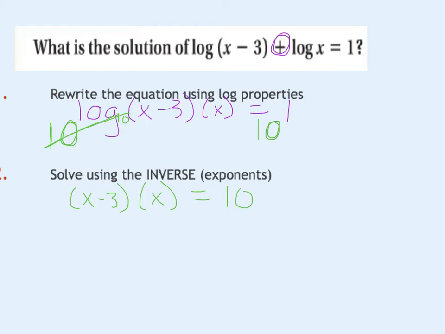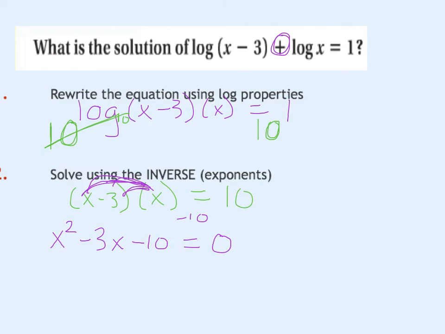And then this is your basic algebra problem. So with the two x's, I want to get this set equal to 0, so I'm going to subtract 10. At the same time, I'm going to distribute this x in. So this is going to become x squared, that's these first two x's multiplied. This becomes a minus 3x, and then I have a minus 10 is equal to 0.